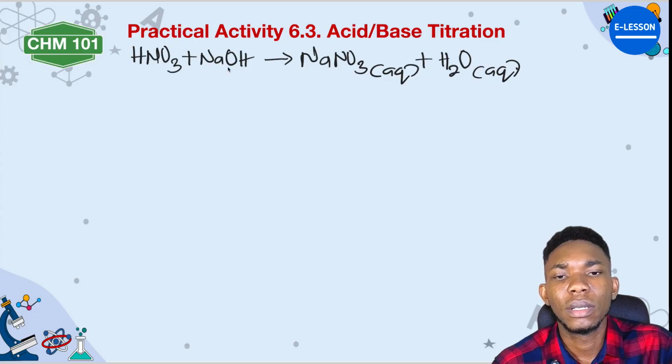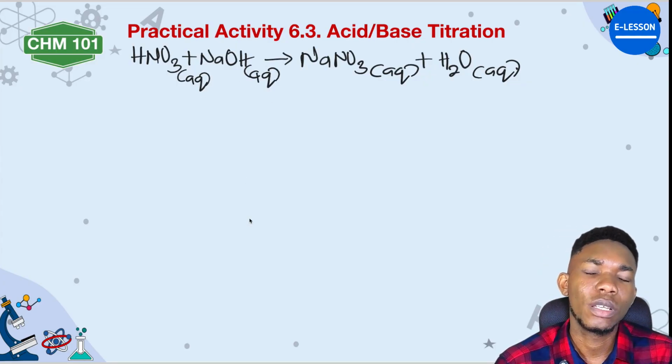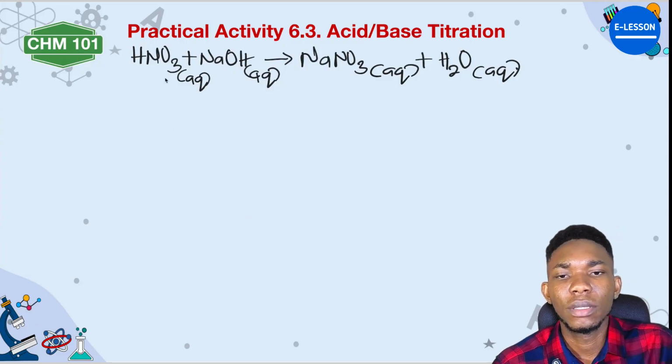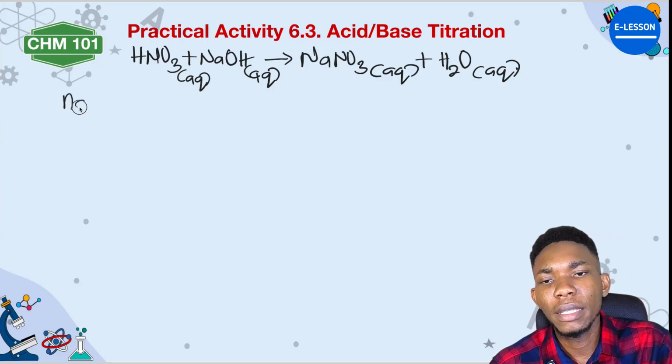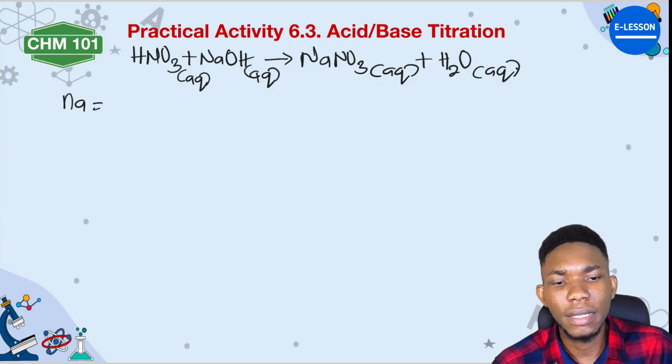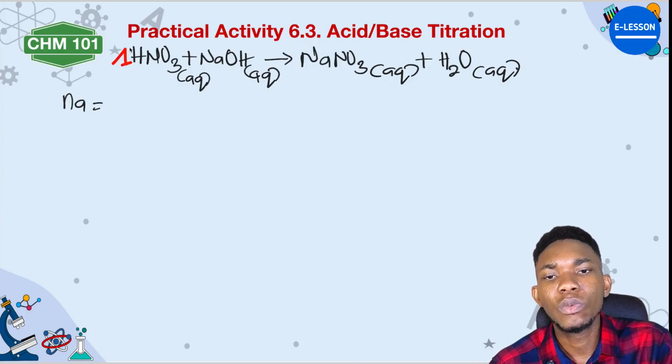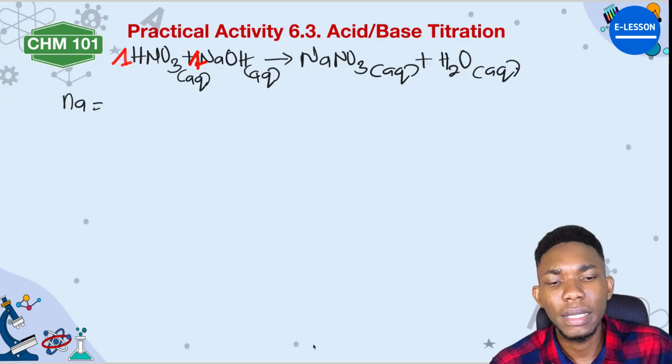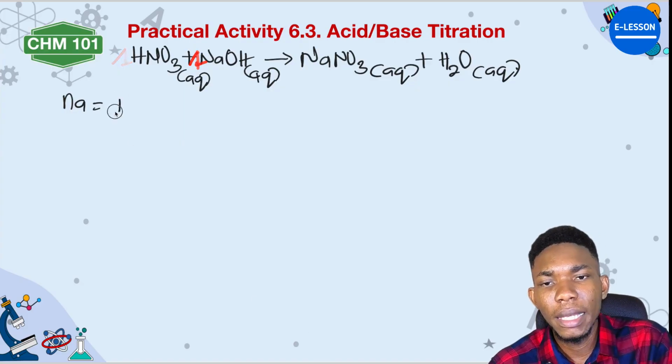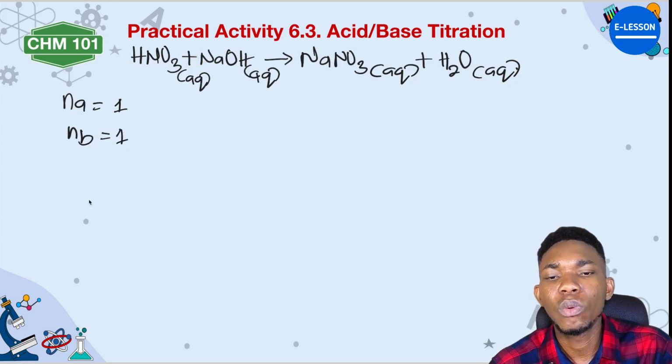HNO3 aqueous, sodium hydroxide aqueous, and so on, my dear students. Now, the ratio of acid to base is 1:1 from the balanced equation. So our Na is 1, our Nb is also 1.